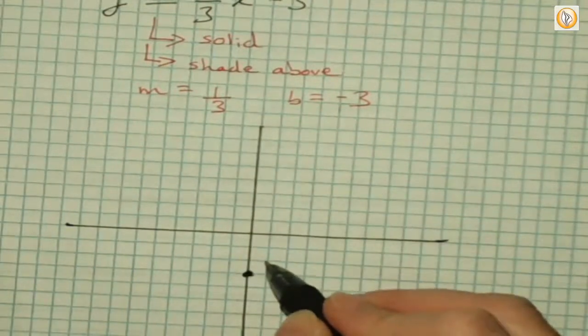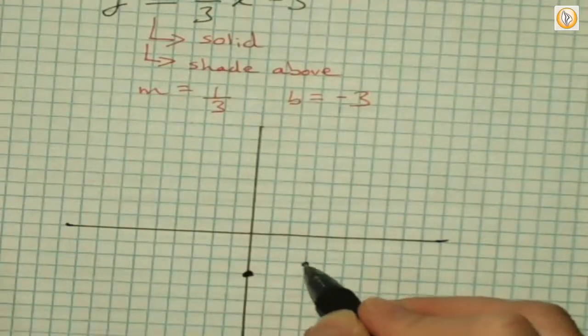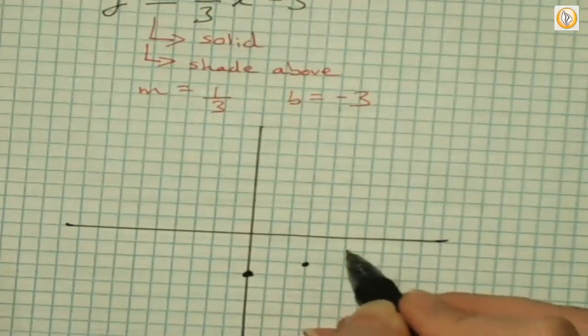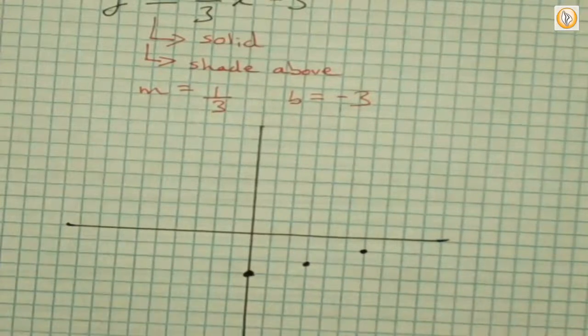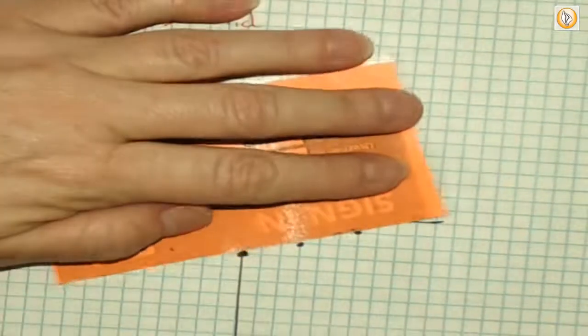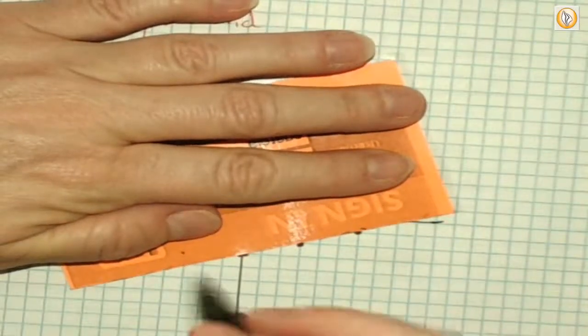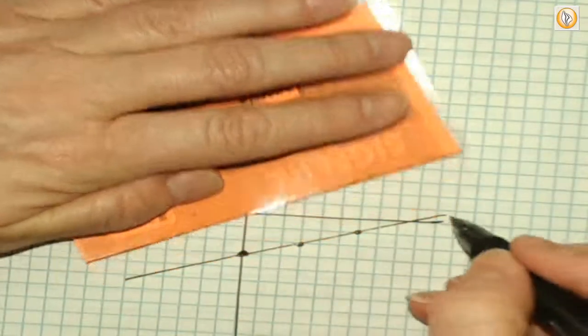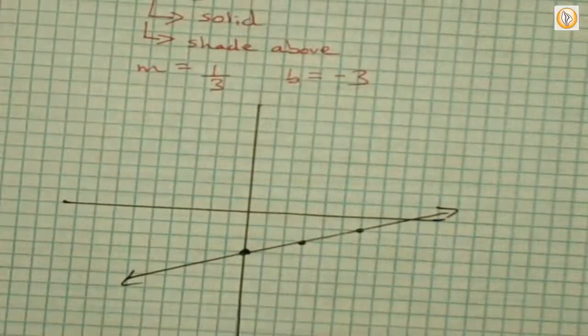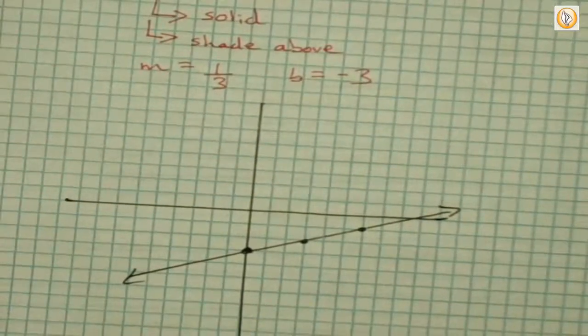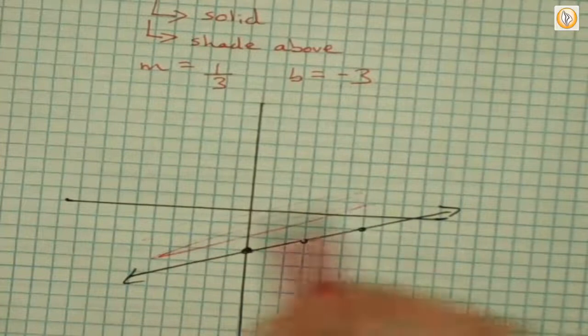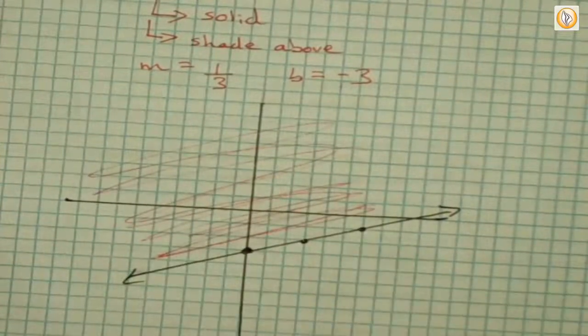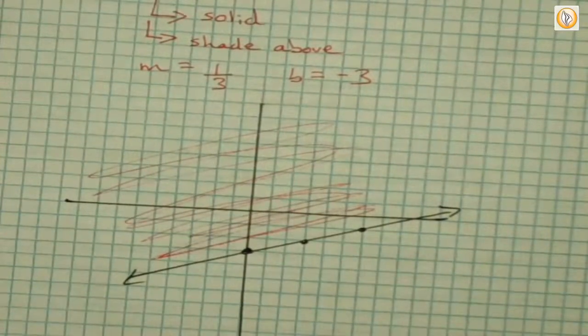So 1, 1, 2, 3. It's a solid line. And we shade above. So I'm shading above. There's my answer. Any questions?